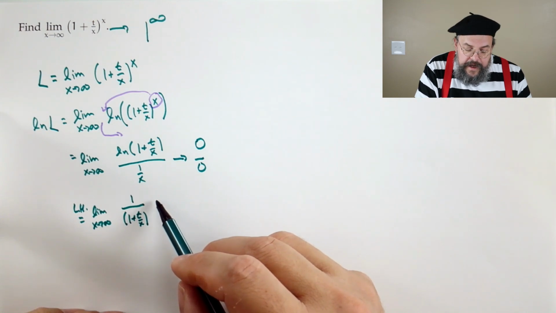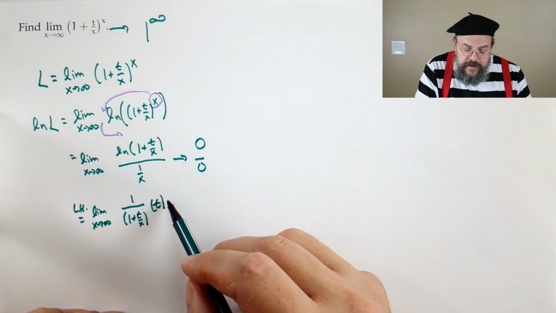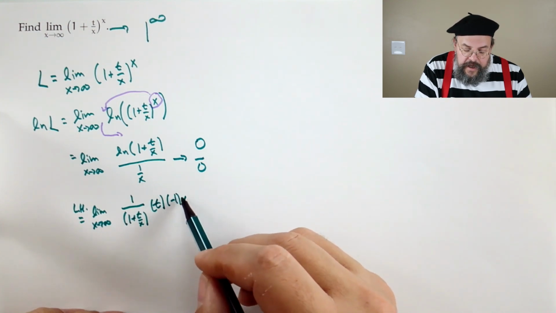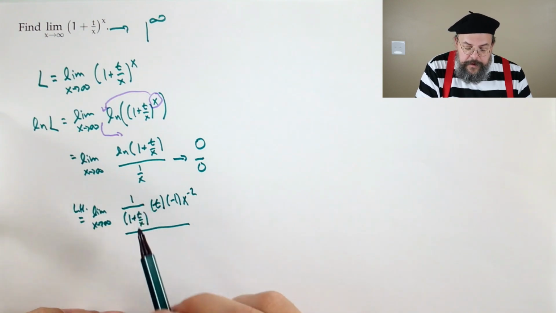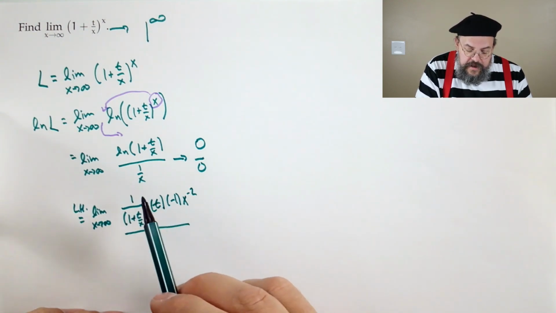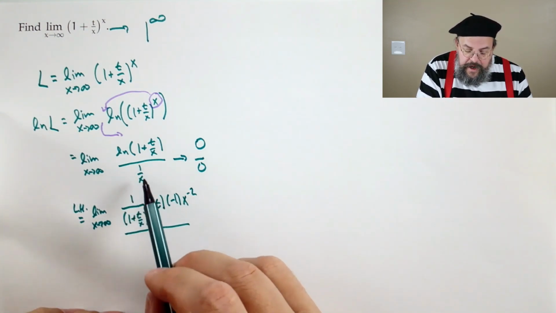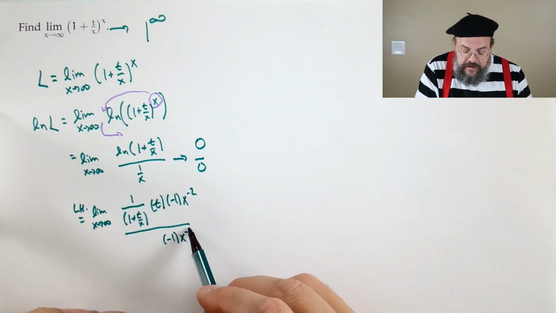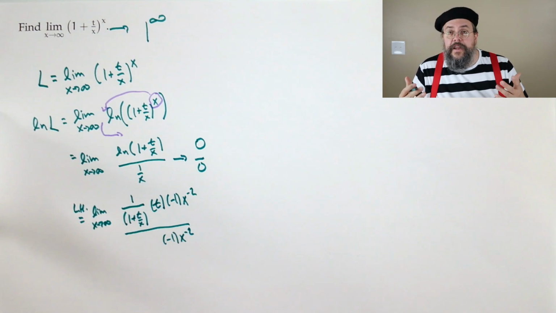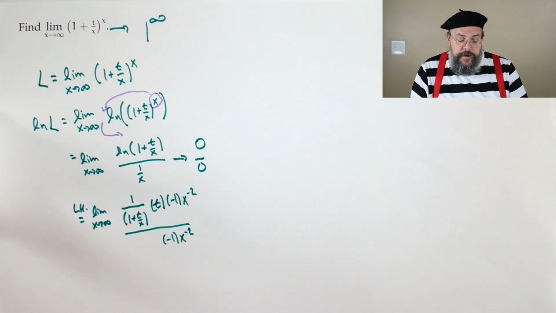So I would have the t as the constant, and the derivative of 1 over x is minus 1 x to minus 2. Now, what's the derivative of 1 over x? Well, we just did it, right? This is really like x to the minus 1. So the derivative of that is minus 1 x to the minus 2. Or if you like, negative 1 over x squared, whatever you're comfortable with.